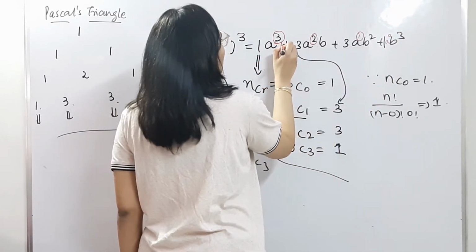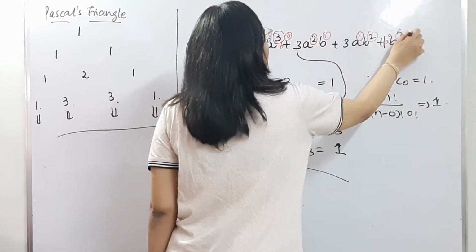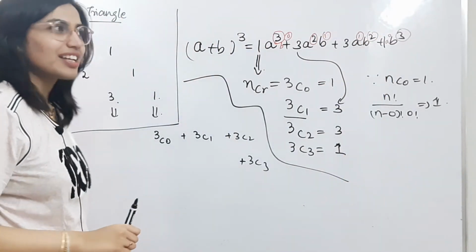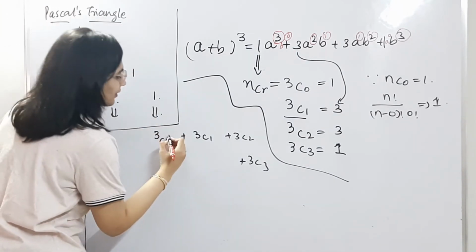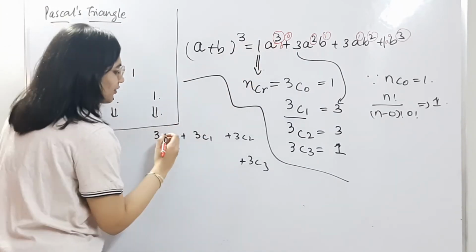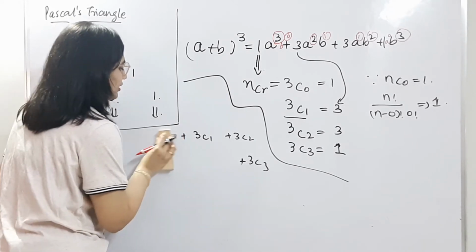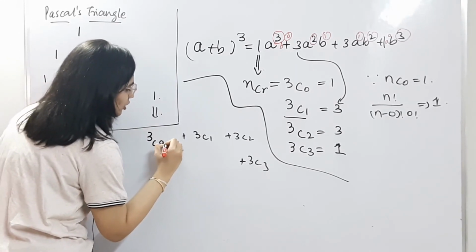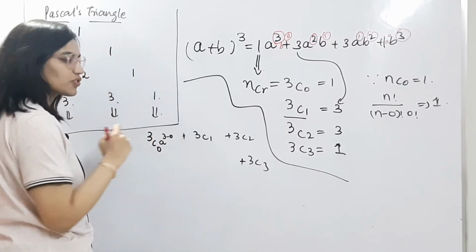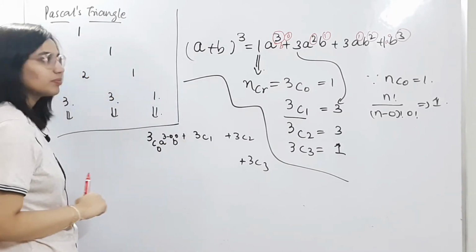And the powers of the second term will increase in the algebraic expansion. For that, can we not represent it as 3C0 into a to the power of 3 minus 0, because we have this as 3, and b to the power of 0, because b is 0 here.